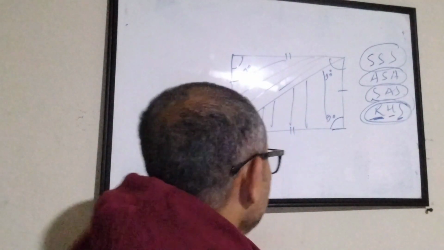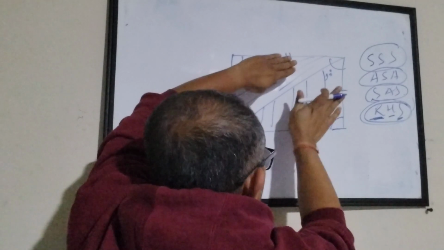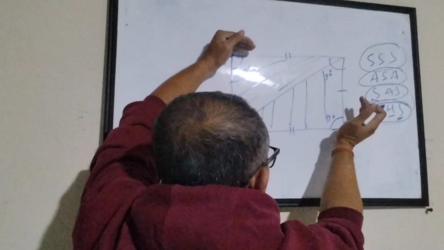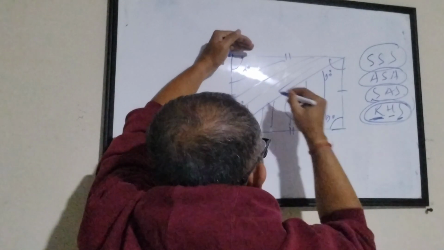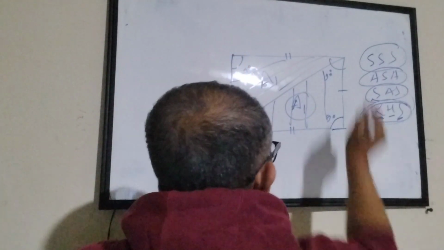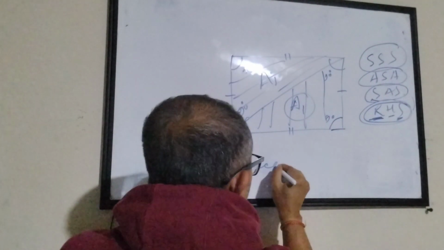Sorry, the area of this triangle and the area of this triangle are the same. And if this area is, let's say, A1, this will also be A1. These two areas are the same. Now look at the area of the rectangle. Area of a rectangle is what?